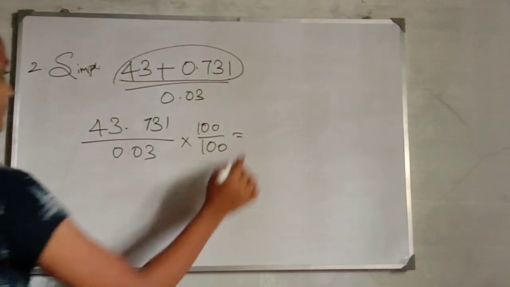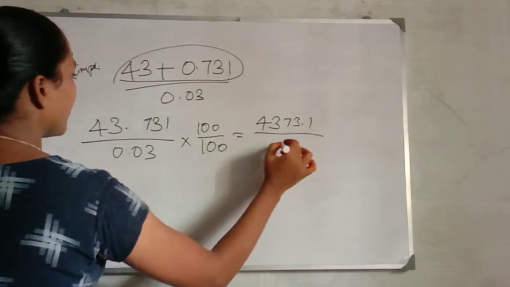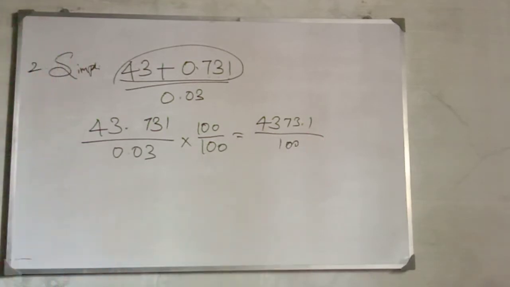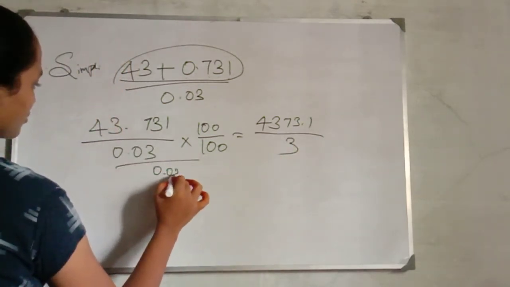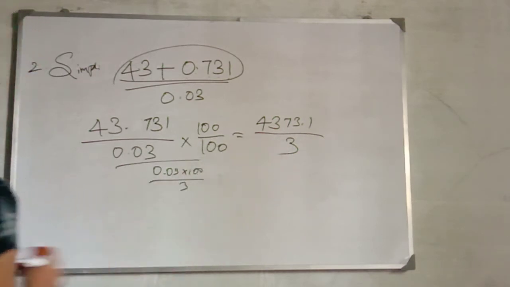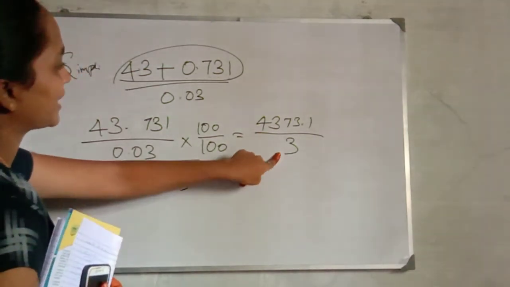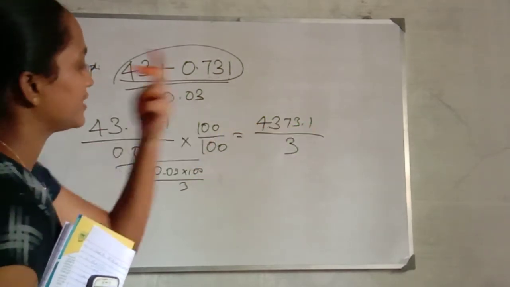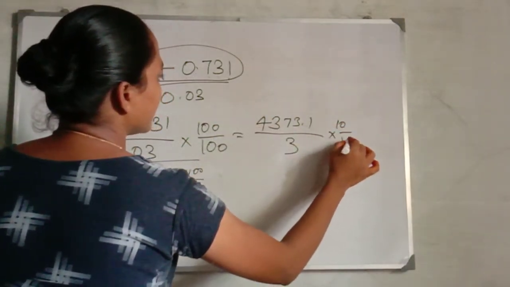So we will get 4373.1 divided by 3, because 0.03 into 100 is equal to 3. Here the denominator consists of only 3. But in the numerator there is 1 digit after the point. So let me multiply by 10 and 10.